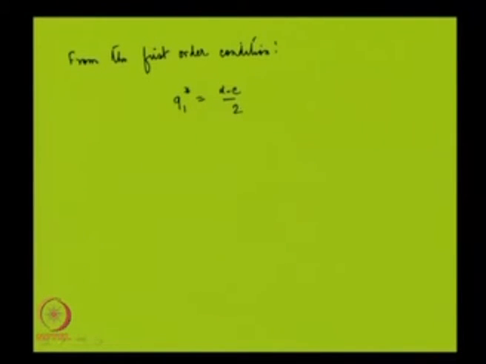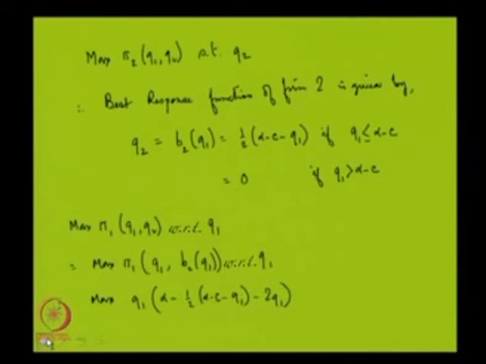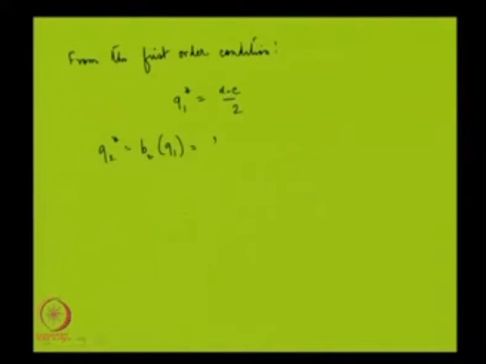So, this is going to be the equilibrium value of firm 1's output, and given Q2 star, which is B2 of Q1, I know the value of firm 2's output: half of alpha minus C minus alpha minus C divided by 2, it is going to be alpha minus C divided by 4. So, these are the equilibrium outputs of these two firms in the subgame perfect equilibrium.